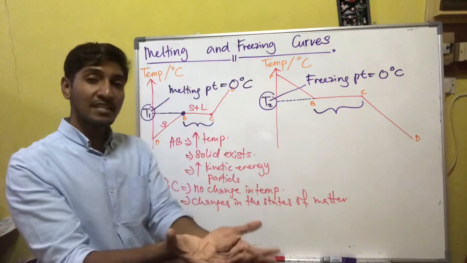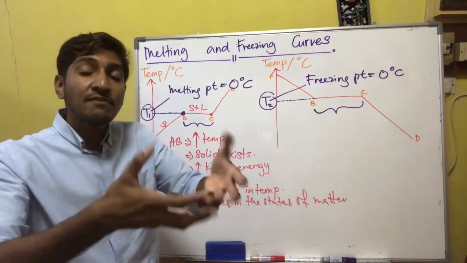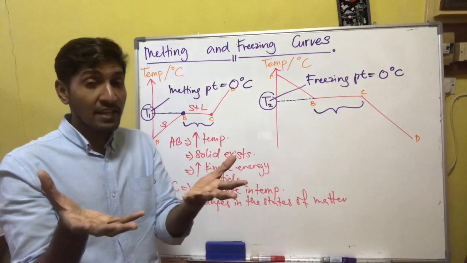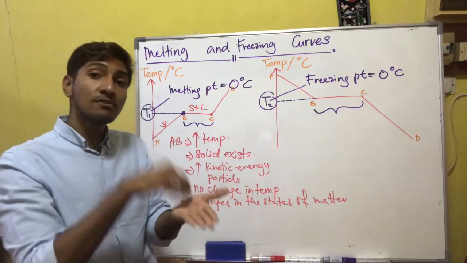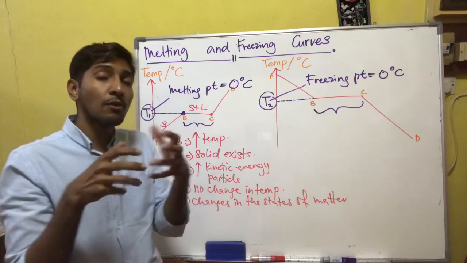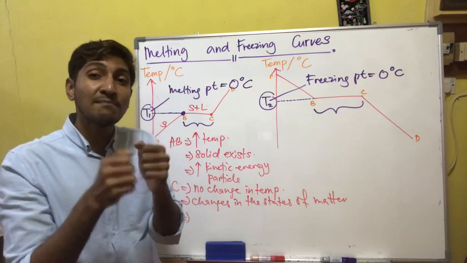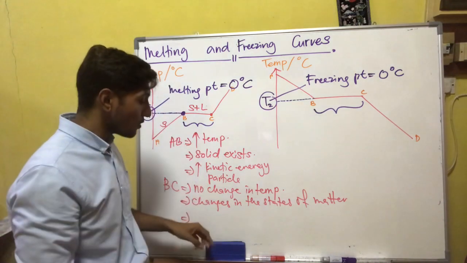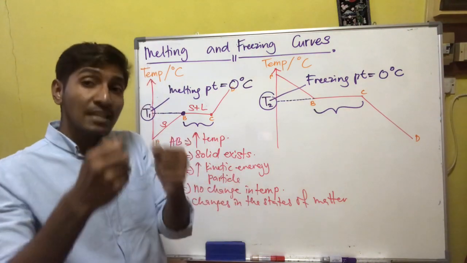So when you burn the naphthalene, it receives the heat from the fire, and the heat from the fire is in the form of energy. So the naphthalene will use that energy to break the bond, or we could say to break the force of attraction between their particles, to make them into liquid naphthalene.